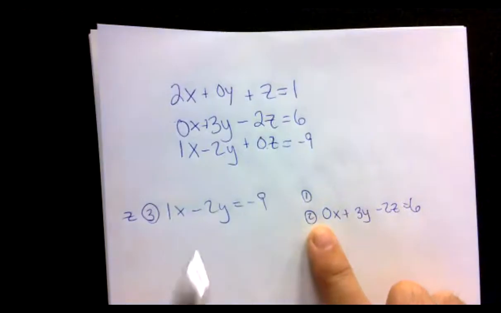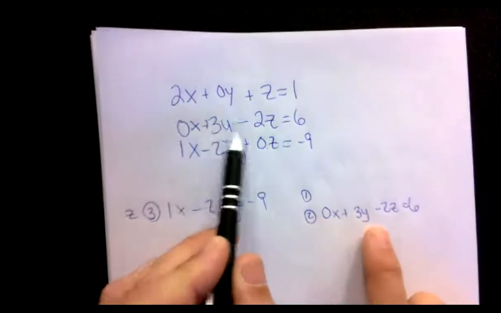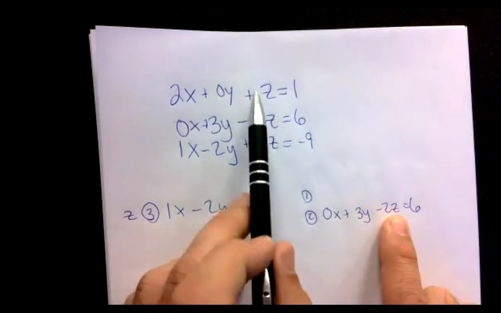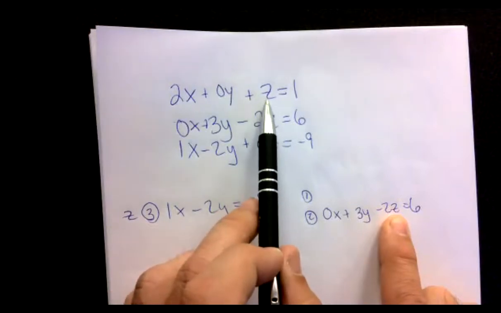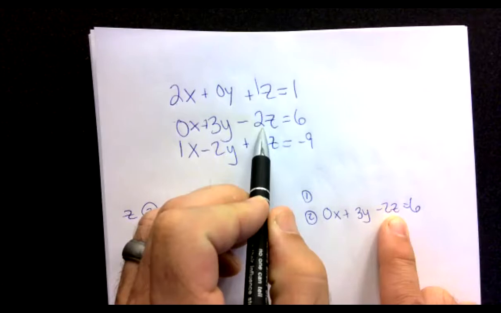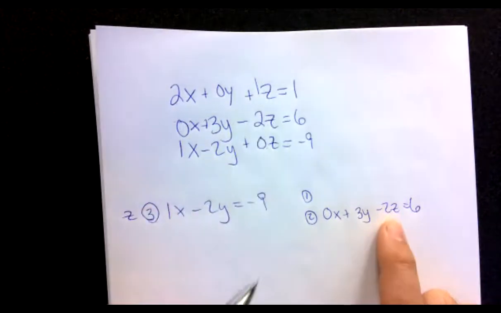So equation 2 says 0x plus 3y minus 2z equals 6. And I want to get rid of my z. Since I have a 1z here, to get rid of my -2, I need this to be a 2z.